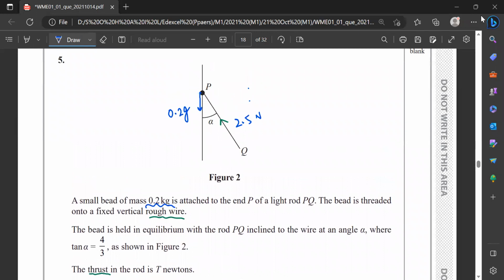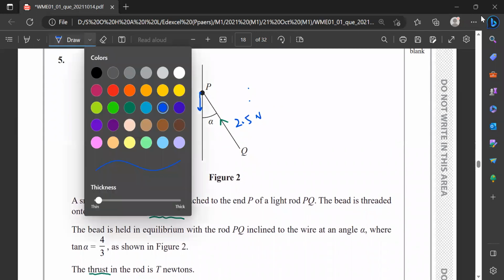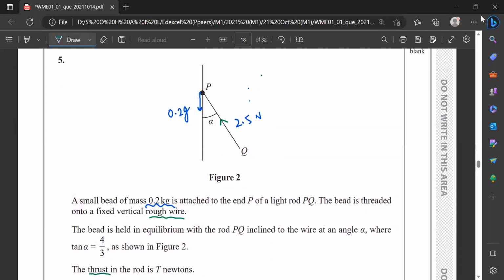What you can do is find the horizontal and the vertical component of this force. Starting from the tail, first move towards the left and then vertically upwards.